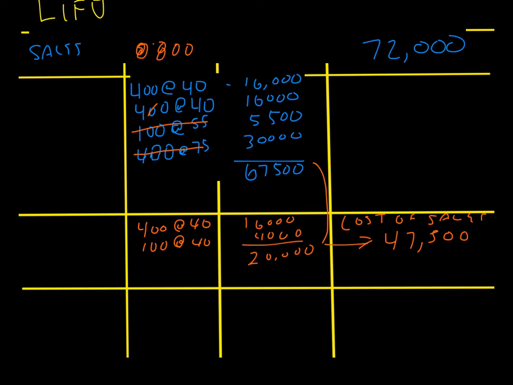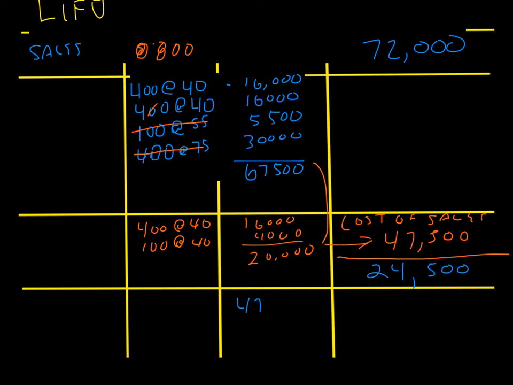All right. Now, what we want to calculate is our gross profit. Gross profit, I'll draw a line right here. We're simply going to subtract these two to come up with our gross profit, and that is 24,500. And then lastly, we're going to take a look at cost of sales as a percentage.